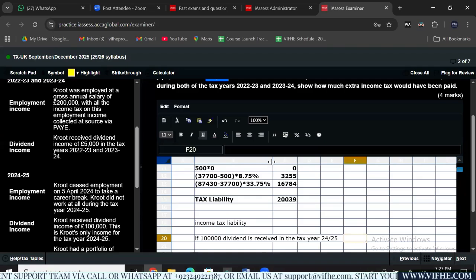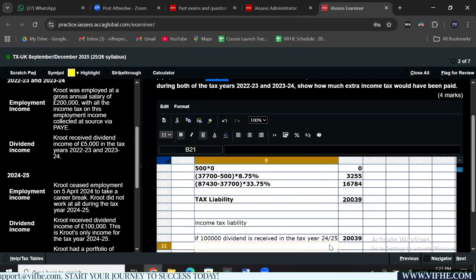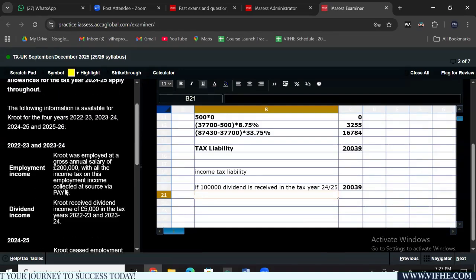This is going to be 20,039. But instead of this, if the individual has received £50,000 in each of the tax years 22-23 and 23-24, then how much extra tax would they have had to bear?